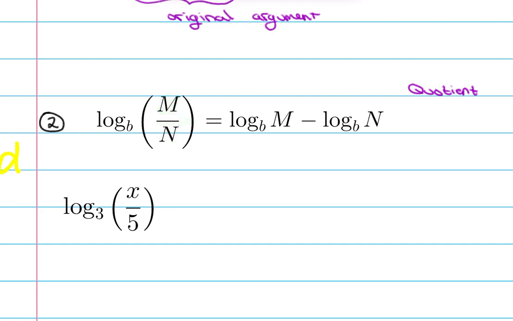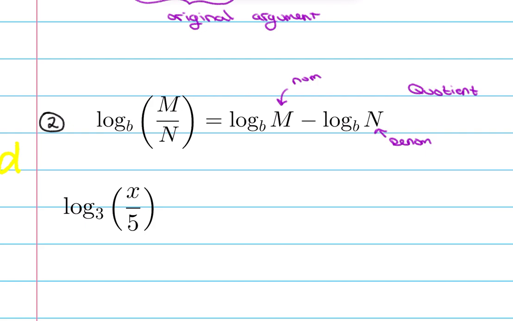Just like the product broke apart to be addition, division is going to break apart to be subtraction. It is always going to be numerator minus denominator. So we broke apart our division into two logarithms that we subtracted.